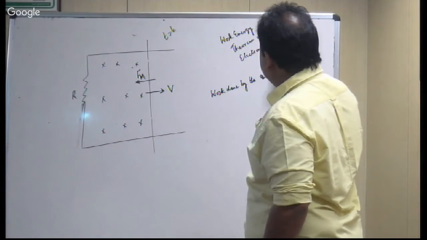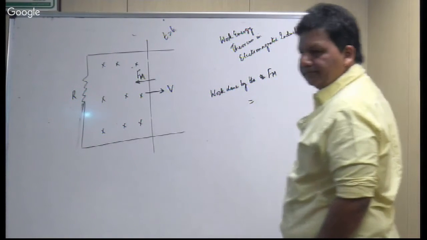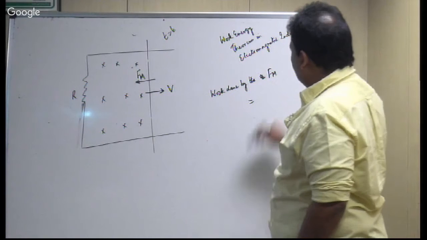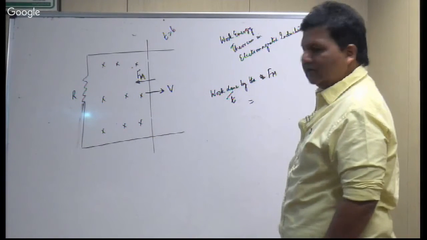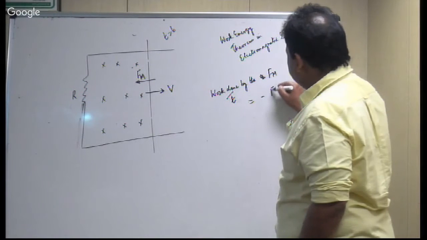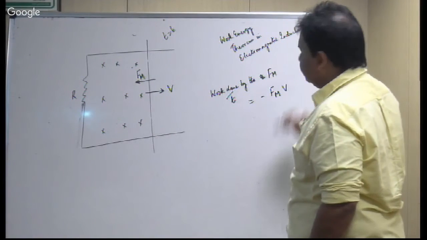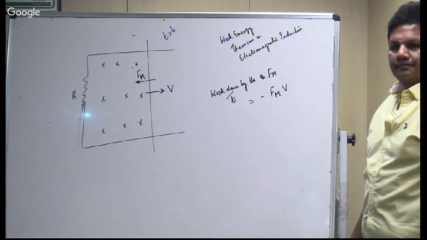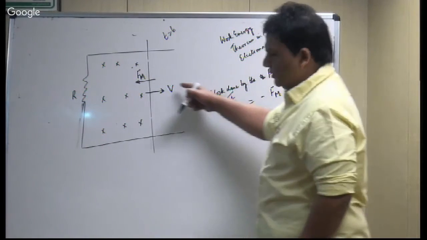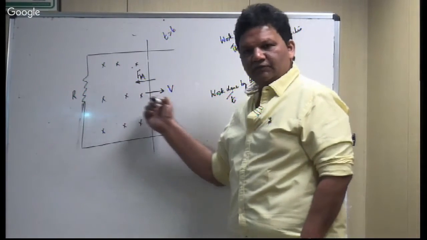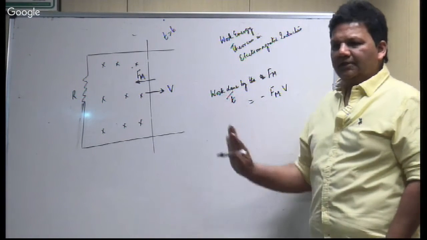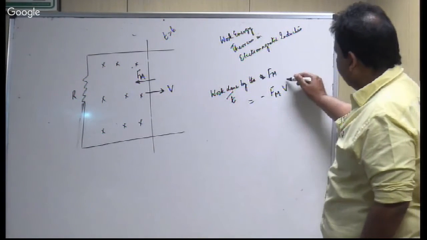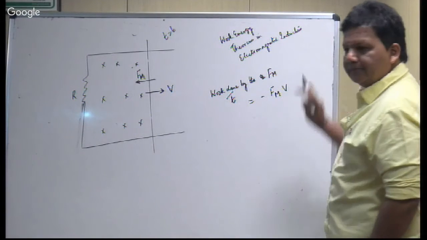What will you write? It will be easier if I find the work done per unit time. The magnetic force is backwards, the velocity is forward, therefore there will be a negative sign. I'm using the term direct power. If I need it times time, I'll multiply it by dt.